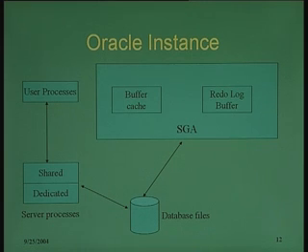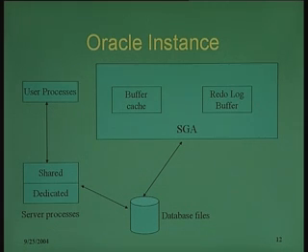So here is a schematic diagram of an Oracle instance. Of course, this diagram in some sense leaves out a lot of things. For example, the program global area is not explicitly shown here, and the system processes are not explicitly shown, but generally all of these form the Oracle instance.